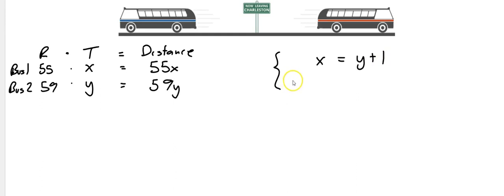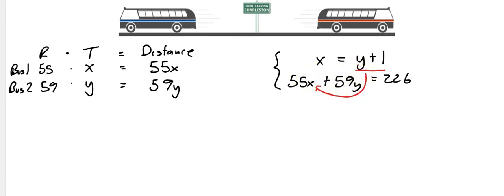Then we're going to have another one here of 55x plus 59y equals 226. This is saying, when are both these buses going to be 226 miles apart? Now, look what we have here. We already have x equals y plus 1. So we can take this y plus 1 and substitute it into that x position.